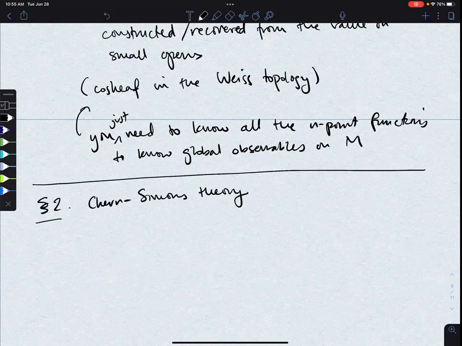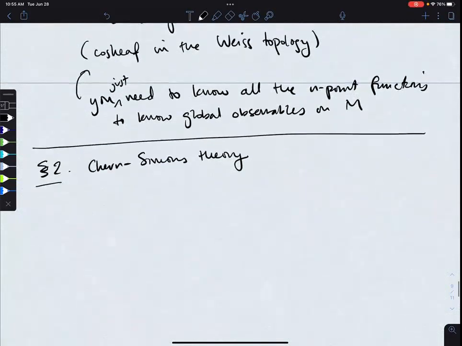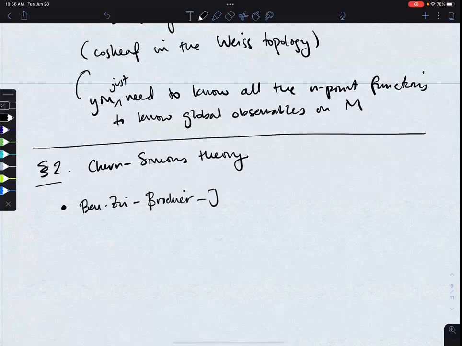I see. Yeah. So I want to talk about Chern-Simons theory, and there are maybe just really quickly two main ways in which factorization algebras have been used to study Chern-Simons theory that I know of anyway. The first is some work by David Ben-Zvi, Adrien Brochier, and David Jordan.